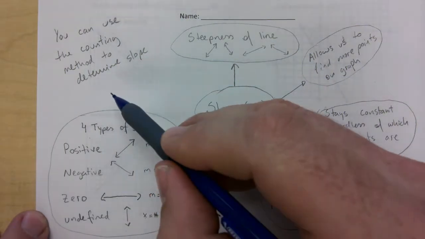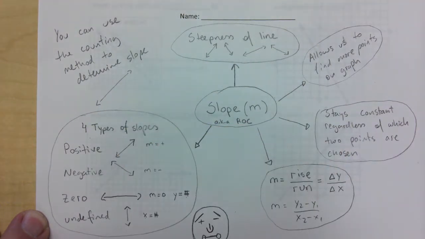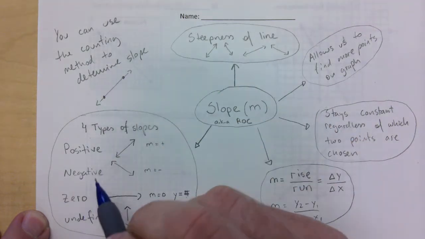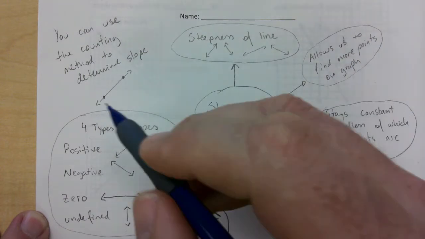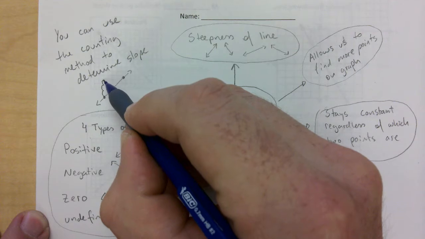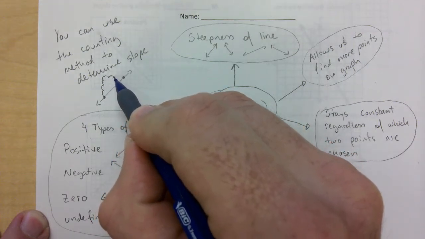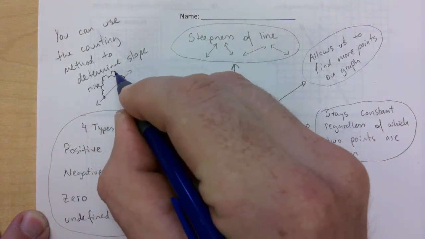So what do I mean by that? Well, if you have a line, and there are 2 points here, you can say, okay, I know that my slope is rise and run. So you can say, I'm going to count how many steps I'm rising, and then I'm going to count how many steps I'm running. Right, so this is your rise and your run.